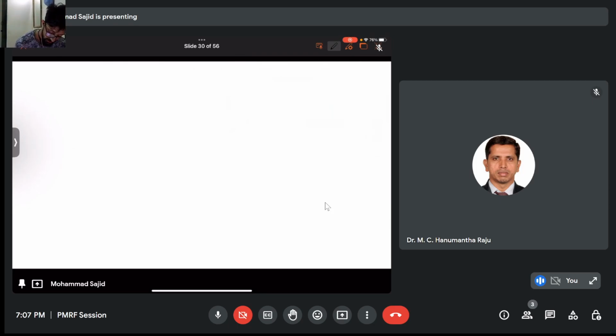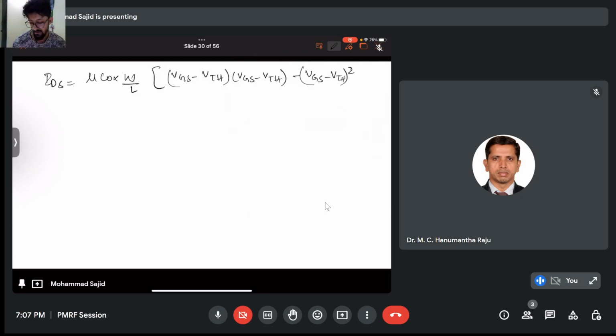So at that time, IDS can be written as mu Cox W by L (VGS minus VTH) times (VGS minus VTH) minus (VGS minus VTH) square by 2.